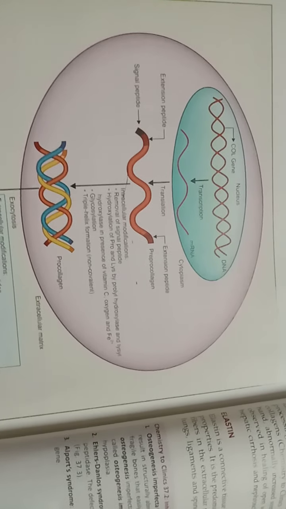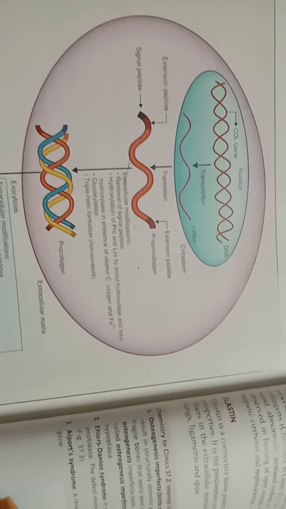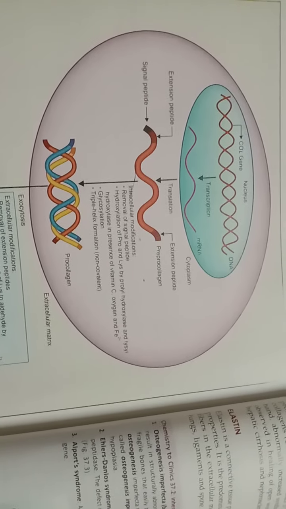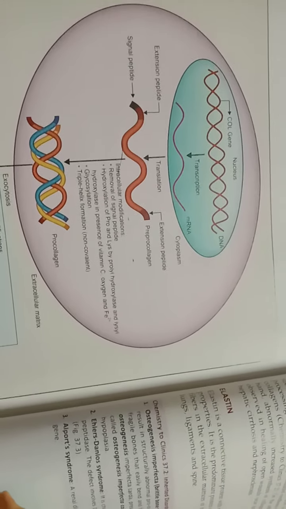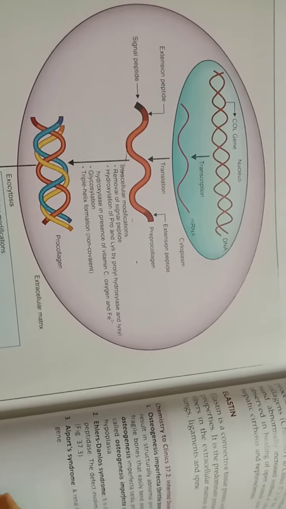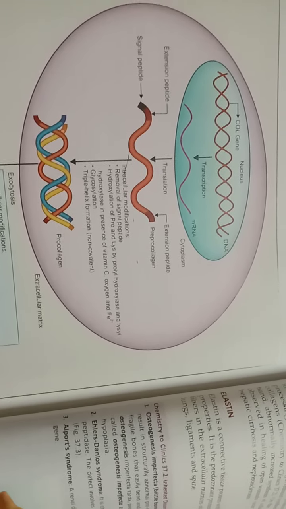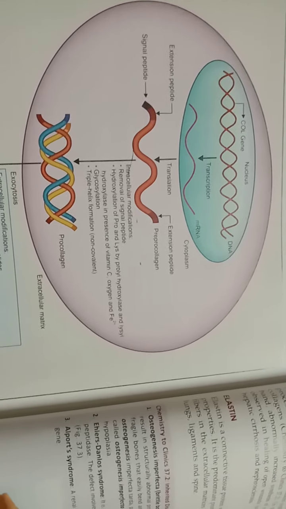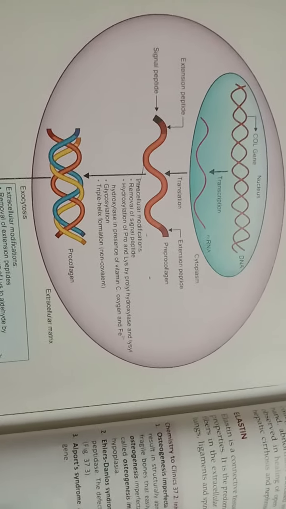So when the transcription process is happening in the nucleus, the translation process will happen in the cytoplasm of the cell. Why? Because all the components required for the formation of the protein or polypeptide chain are present in the cytoplasm. That's why it happens in the cytoplasm.